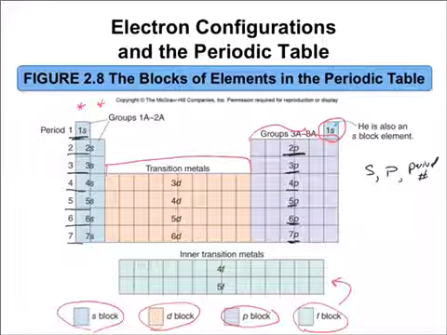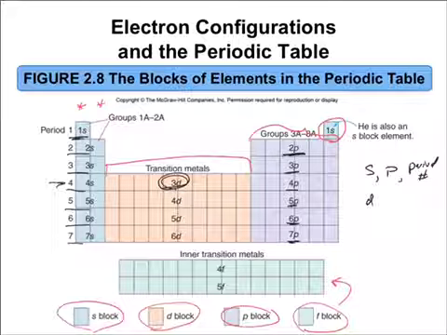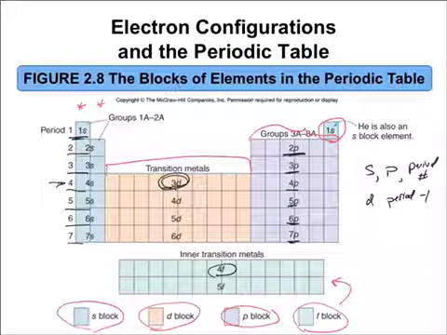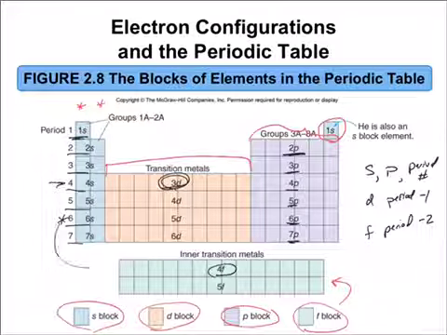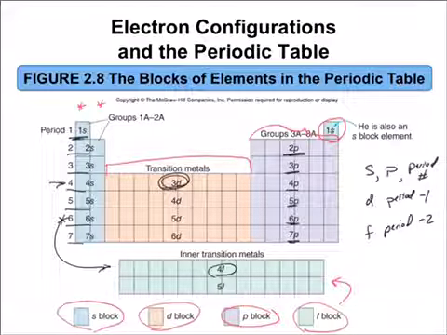But when we go to the D block, it starts in period 4. So the D block is period minus 1. And the F block is actually period minus 2. So the F block starts in period 6.